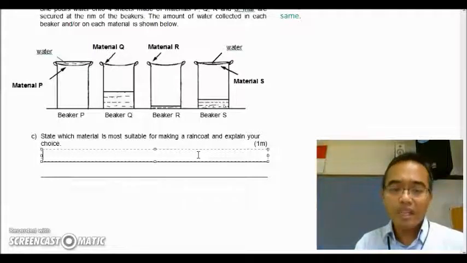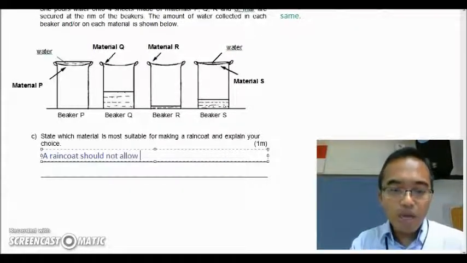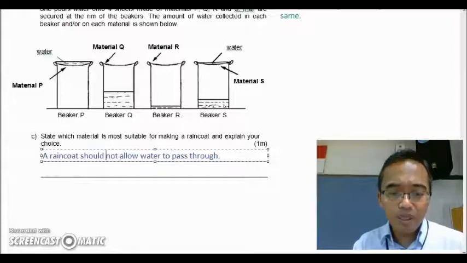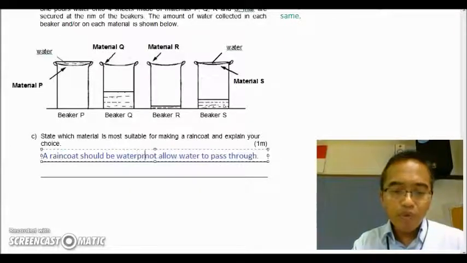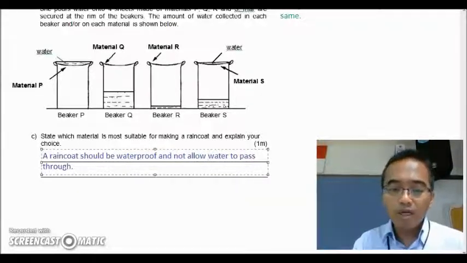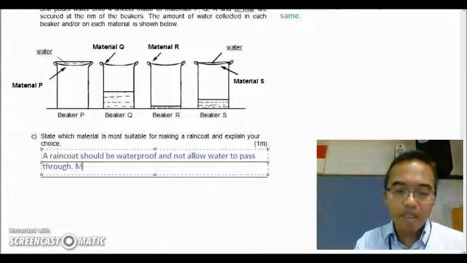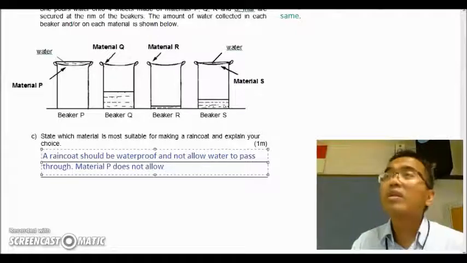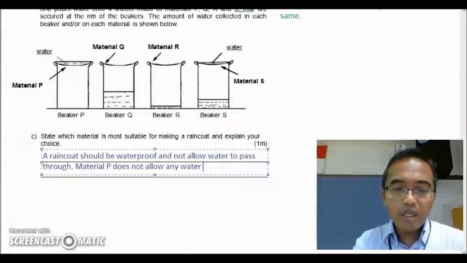Okay, so what is the point of a raincoat? A raincoat should not allow water to pass through. Or a raincoat should be waterproof, right? Waterproof and not allow water to pass through. Material P does not allow any water to pass through.